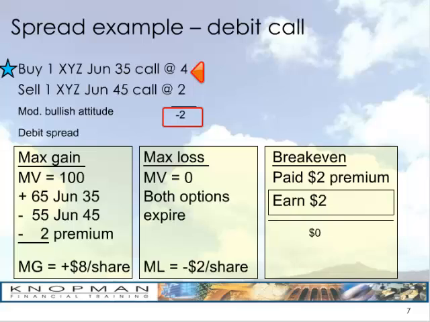And to earn $2, what needs to happen? Well, it would have to go up $2 from that strike price. We're bullish, right? Don't forget you're bullish. So we want it to go up. And it would have to go up $2 from that $35 strike. So therefore the break even would be 37. So the break even for a spread is always based off the dominant position.